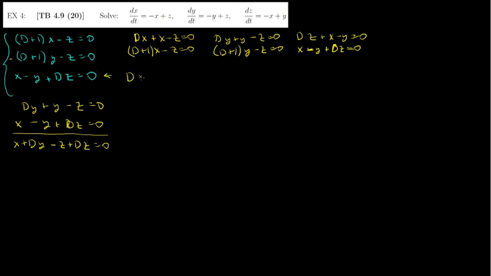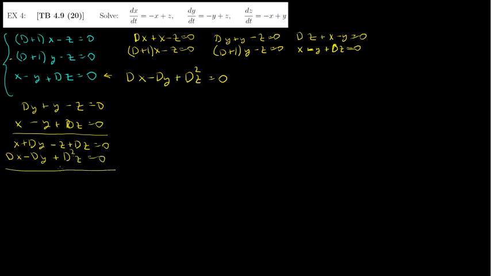I get Dx minus Dy plus D Dz, which is D squared z, equals D of 0, which is 0. And now, when I add that to this equation here, I eliminate the Dy's as well.